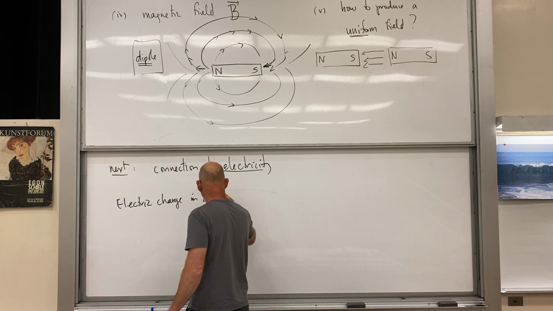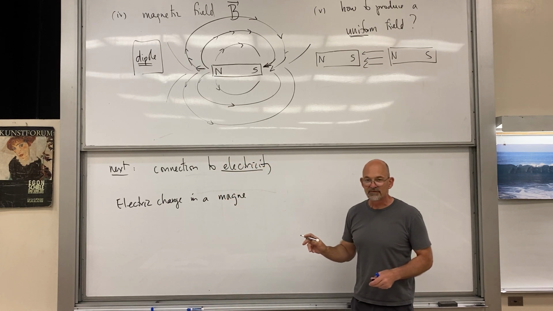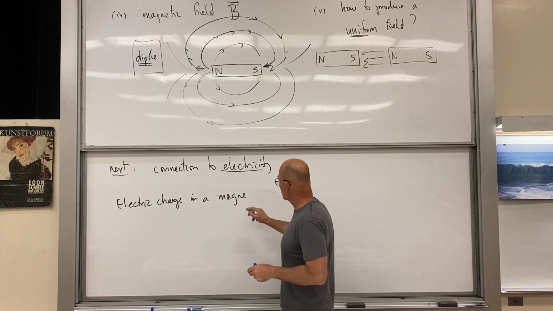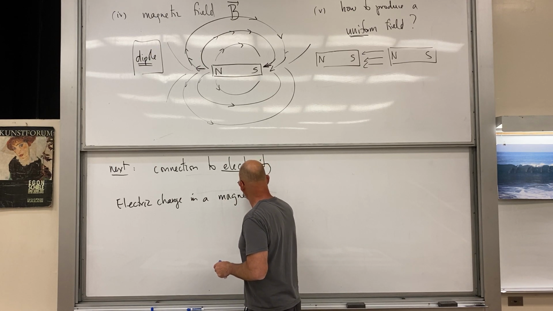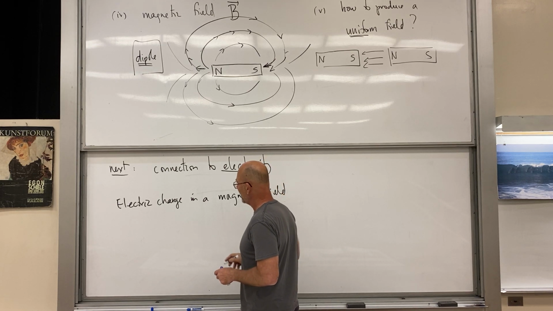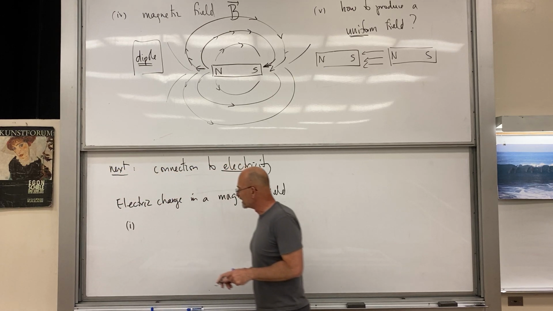There are a great list of phenomena that go with this, and applications. So we're thinking of a point charge in a magnetic field, and there's a whole bunch of properties that I'm going to list.